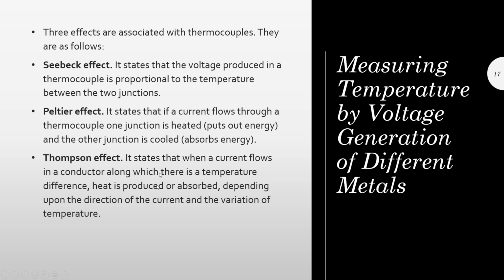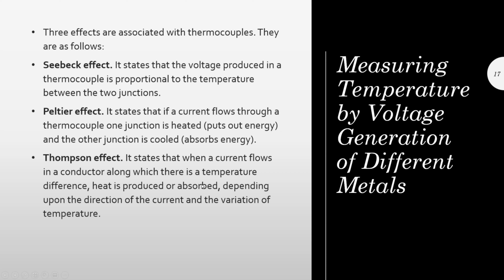Thomson effect says that when current flows in a conductor along which there is a temperature difference, heat is produced or absorbed depending on the direction of current and the variation of temperature.